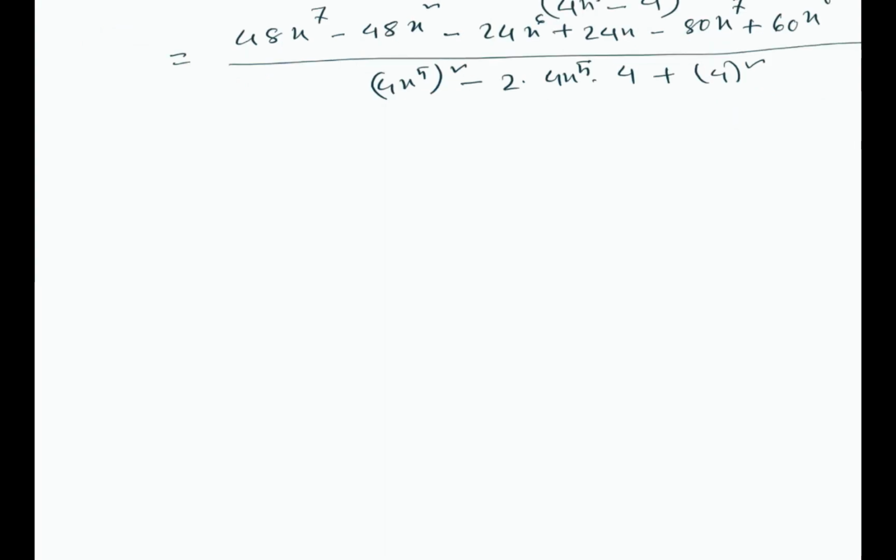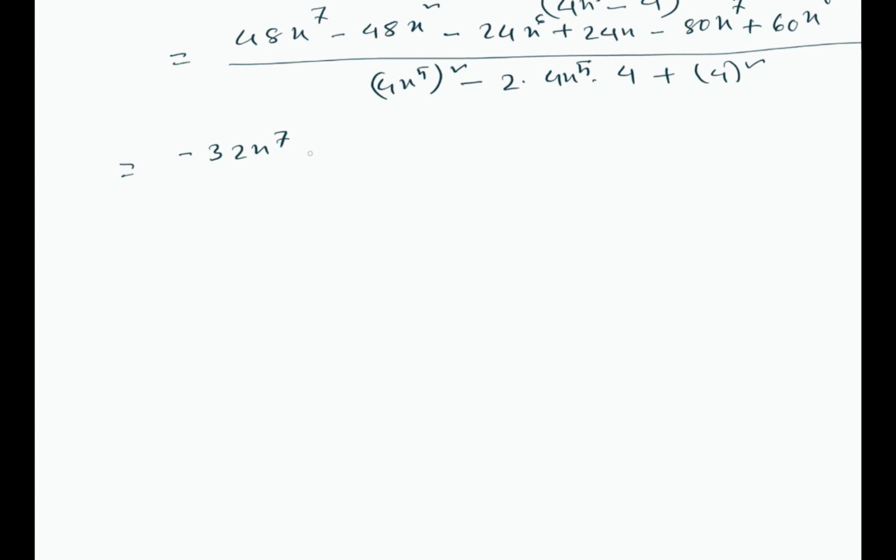We need to simplify this expression. I can write, so we have plus 48x to the power 7 and minus 80, so we need to subtract this, so it would be negative 32x to the power 7, right?